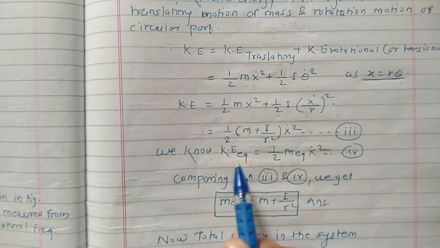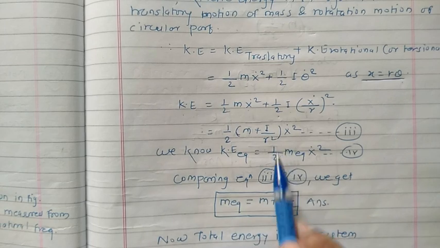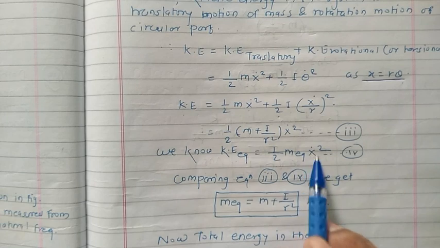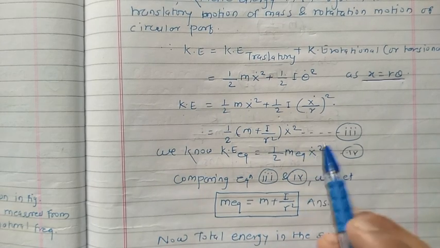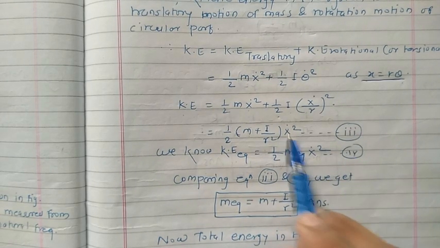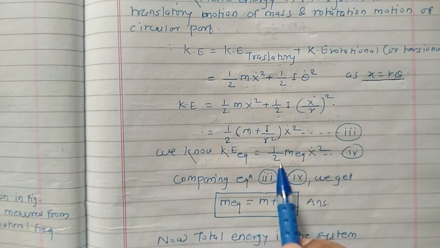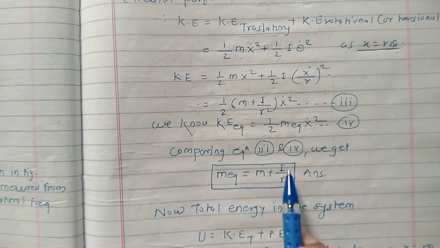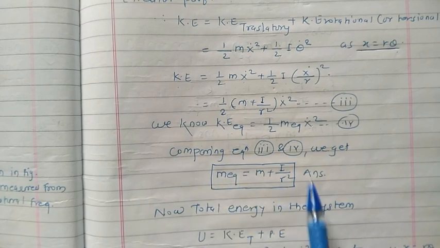Our simple formula for kinetic energy is 1/2 mass multiplied by velocity square, so x single dot square is with us here. We compare equation number 3 and 4. This term will remain as it is, this 1/2 will remain as it is. Straightforward, we can get m equivalent is nothing but small m plus I divided by r square.